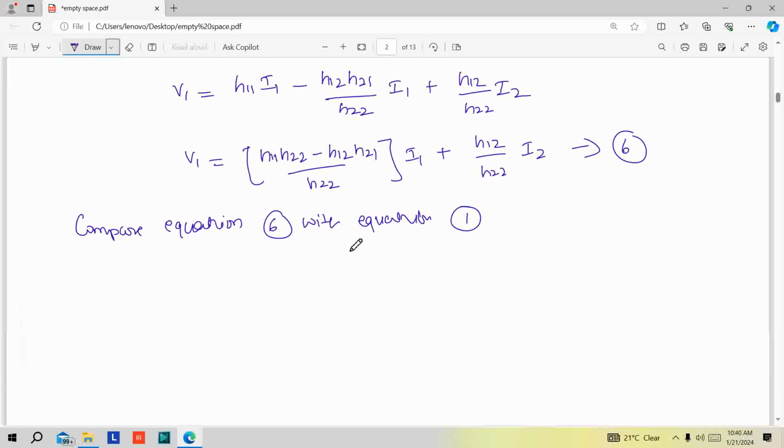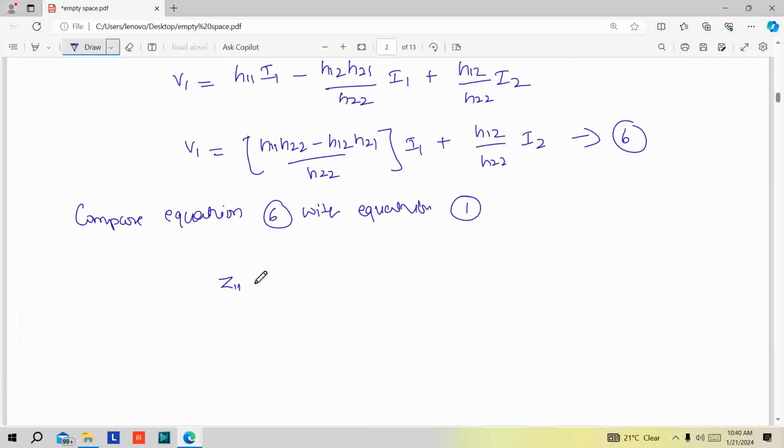So here Z11 is equal to this one. What is the value of H11 H22 minus H12 H21? It is nothing but delta H, because we are going to represent here H11, H12, H21 and H22 like this.